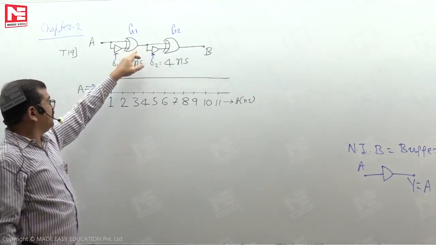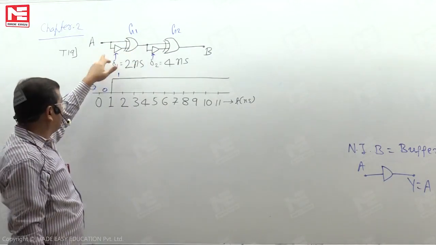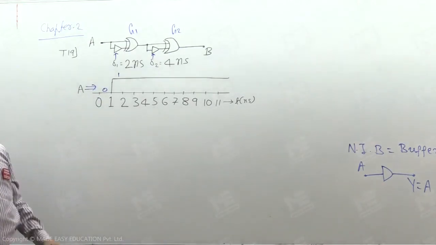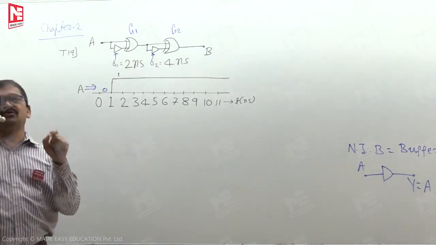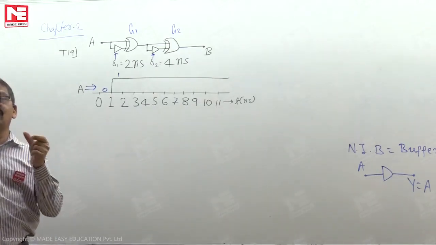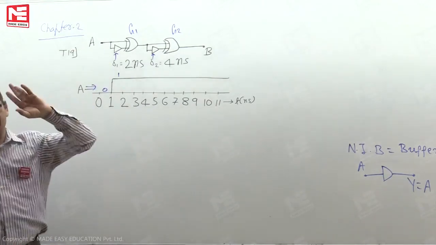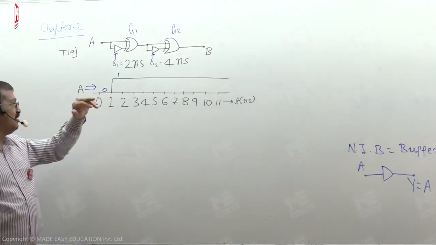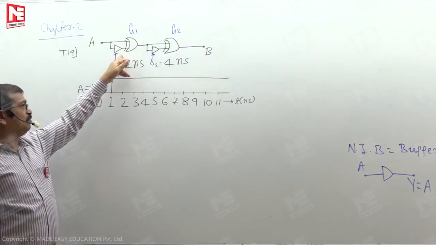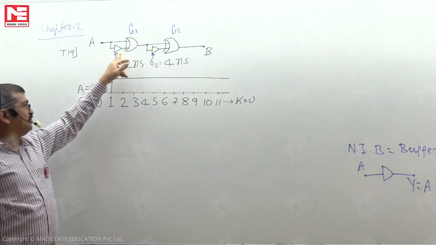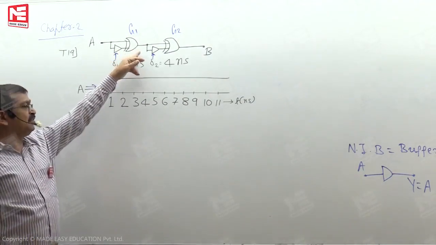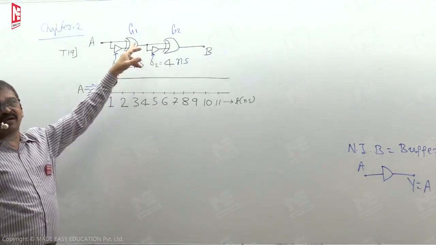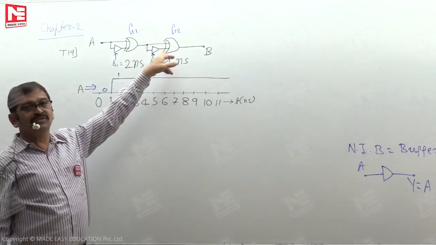Gate G1 has one input directly from the applied input, and the other input after buffer delta 1. So we can draw the gate G1 waveform after knowing the delta 1 output waveform. Hence, our solution starts with the waveform for the delta 1 output. After knowing that, we give the waveform of the gate G1 output. After knowing the gate G1 output, we give the waveform for the delta 2 output.